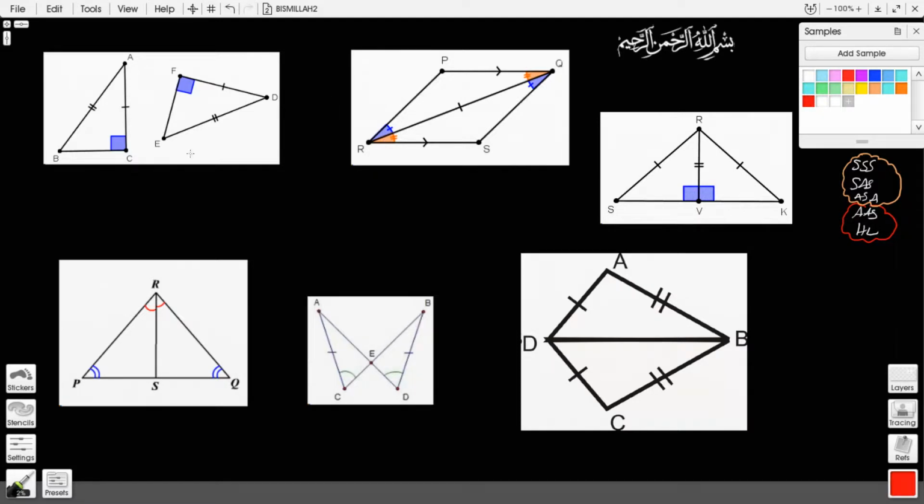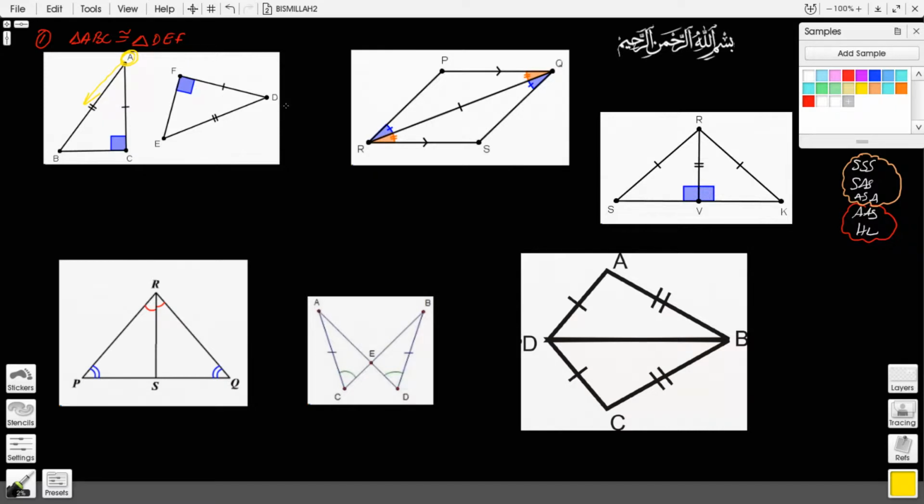Now in the first question over here, we're going to prove the triangle ABC is congruent to triangle DEF. Now it's very important here to make sure that we go in the right direction. So I start here at this vertex A, which is at one end of the hypotenuse, and I'm going across to the other end.